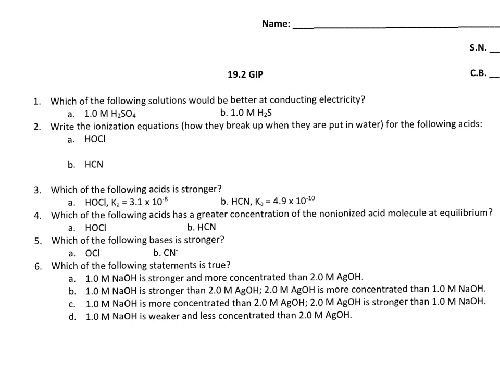What we remember about strong acids is they break up completely, whereas weak acids, anything that's not one of the 7 strong acids, only break up partially, because really there's an equilibrium where they break up and then join back together. So this is a strong acid. Every single acid molecule in there should break up.